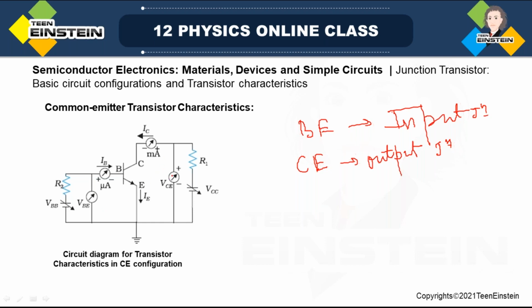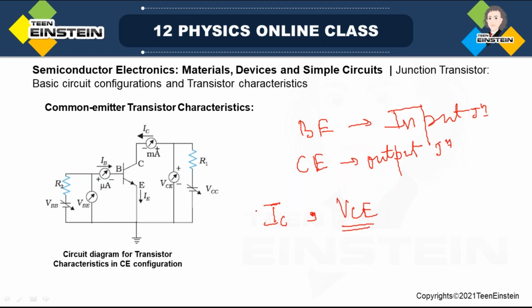So here in the output, what are the current? Current is IC. And what is the voltage across CE junction, that is VCE. So then we have to see the variation of collector current with respect to the collector emitter voltage.